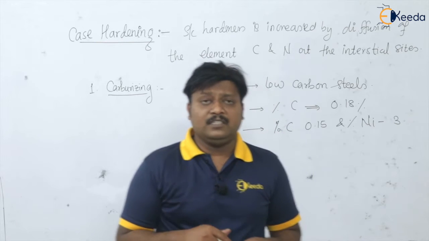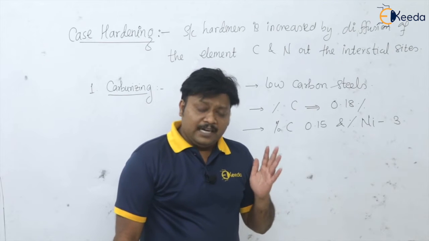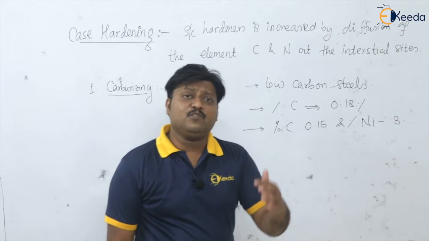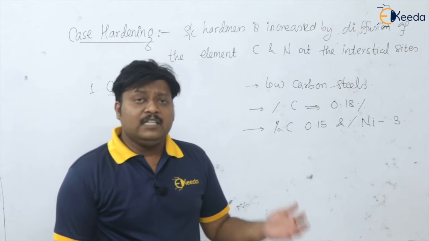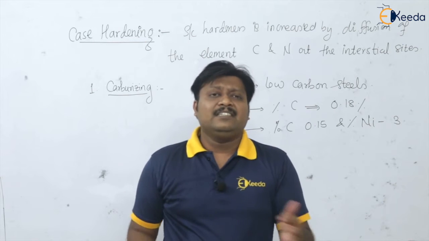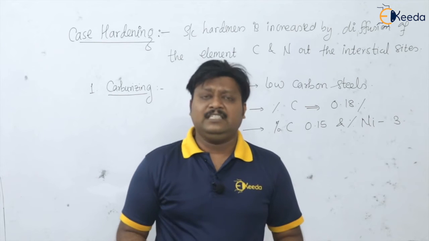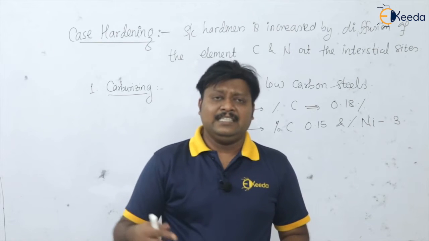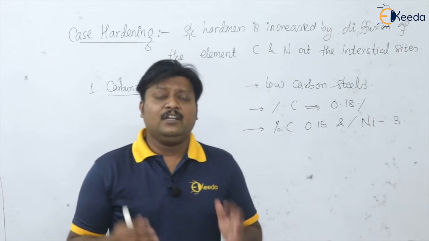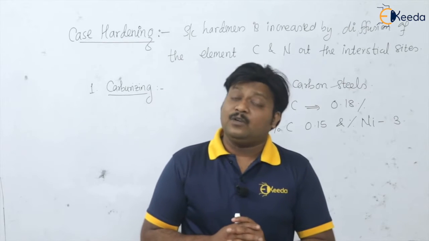Why? Because we have seen in the hardenability test that the depth of hardenability we get for low carbon steel is very less. So low carbon steels generally do not get hardened by ordinary hardening. That is the reason why, by penetrating interstitial elements like carbon and nitrogen, we can increase the surface hardness of low carbon steels.